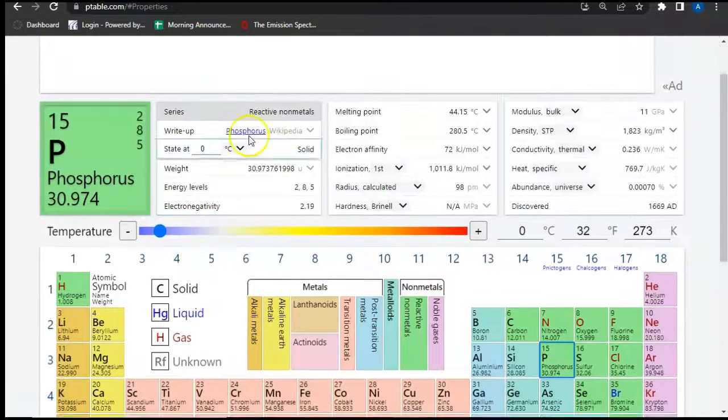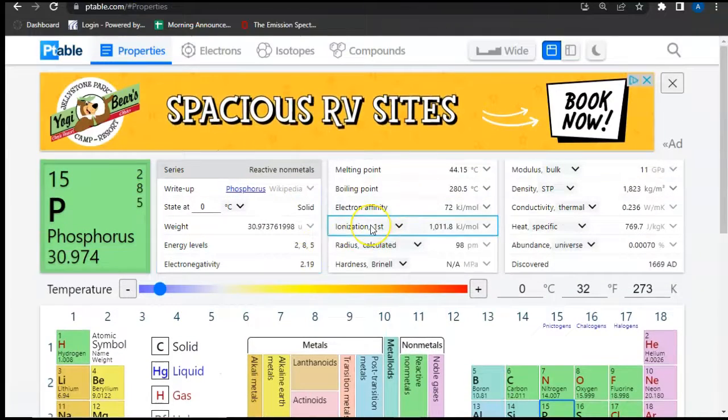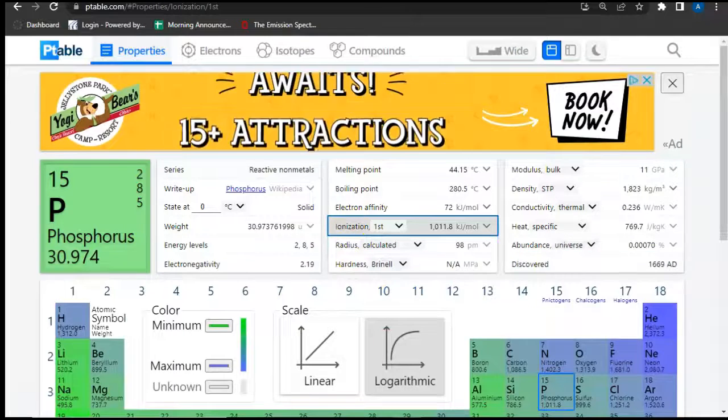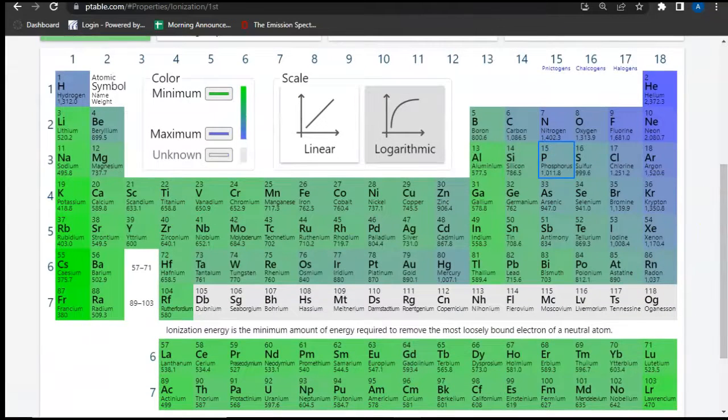and show you. We can actually look at P table. They tell us the ionization energy right here. Notice that the green color is the minimum and the blue color is a maximum. So you can see that trend, just the opposite of size, like how helium is very dark blue up here in the corner, and francium is a green, meaning francium has a lower ionization energy.